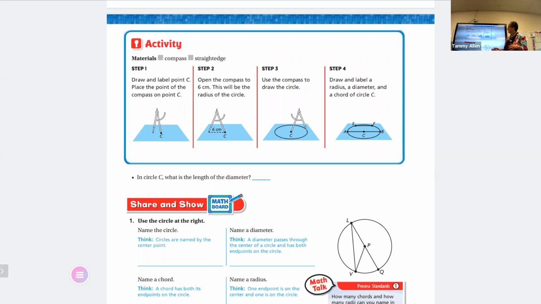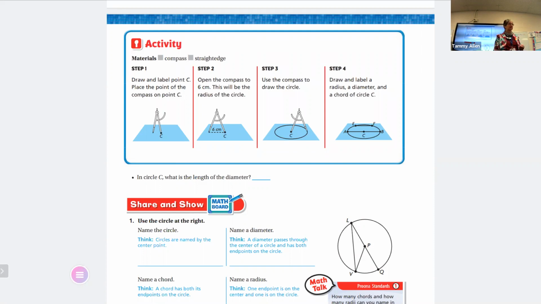But to make a circle, you put the point of the compass down, and then you just hold that point down and just move the compass around, right? You can do the same thing with a string. Hold the string, put a pencil out here at the end of the string and move it around, but you got to keep the string tight, right? Okay?